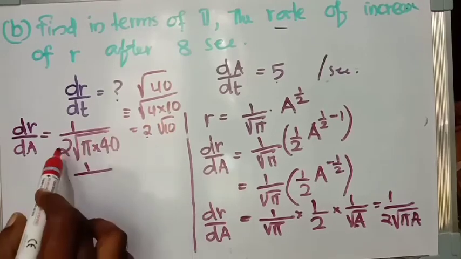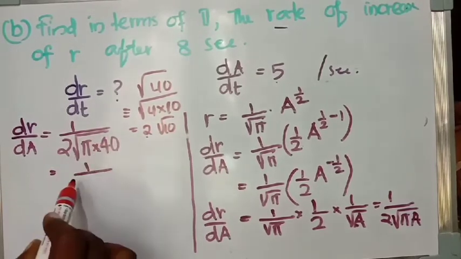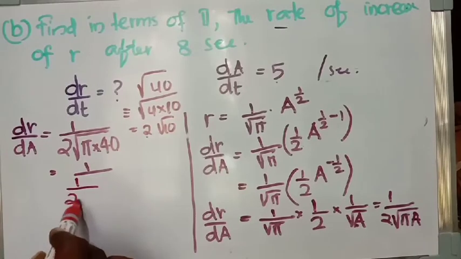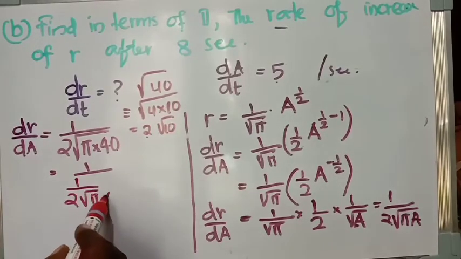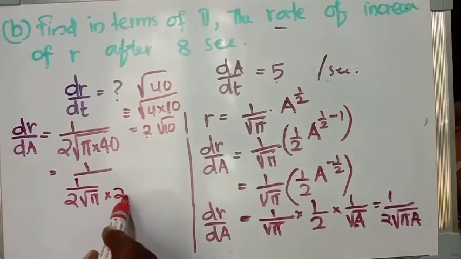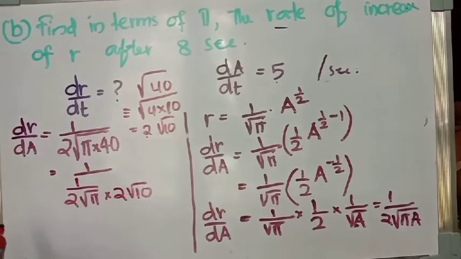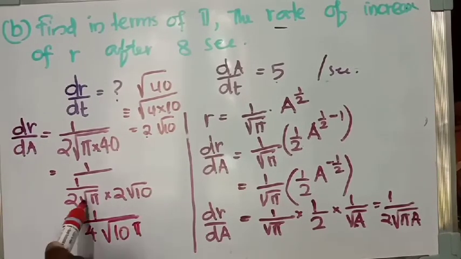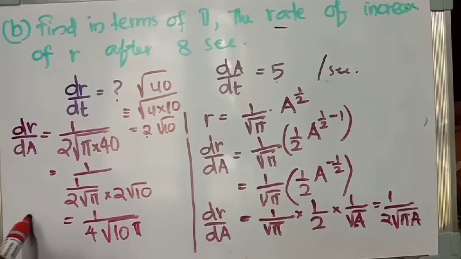So this 2 and 2 get multiplied, which is equal to 1 by 4 root 10 pi. Root pi into root 10. This is dr by dA.